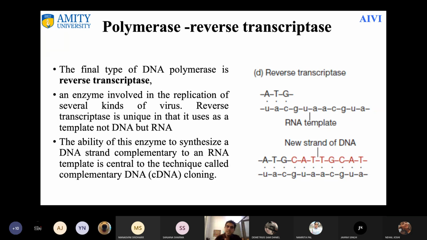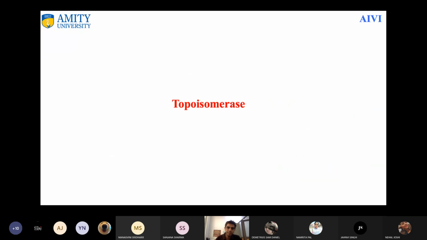That's why we call it a complementary strand. It's single stranded. So that's why we call it cDNA, or complementary DNA. We are going to use this term complementary further when we talk much more about recombinant DNA technology and how we are going to utilize it. Okay, so this was a bit about your reverse transcriptase.